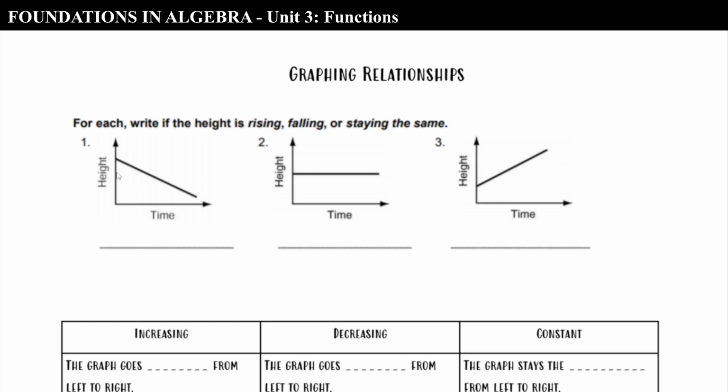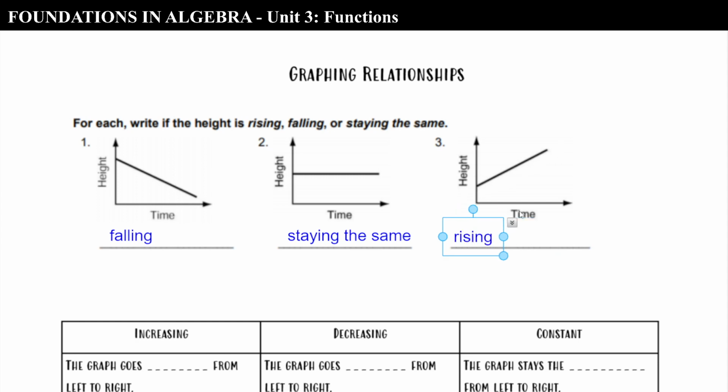So here we have a graph. If you read it from left to right, it's going down. So therefore, we say that this graph is falling. For the second graph, since it has one straight line going across, we say this one is staying the same. And then for the third graph, we have the graph rising, because as we go from left to right, it's going up.